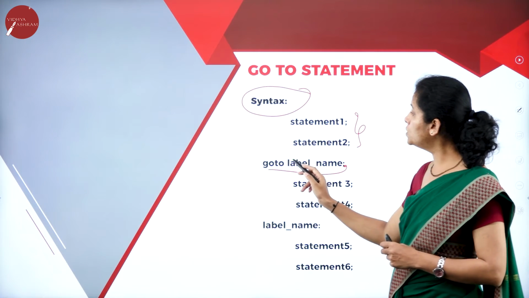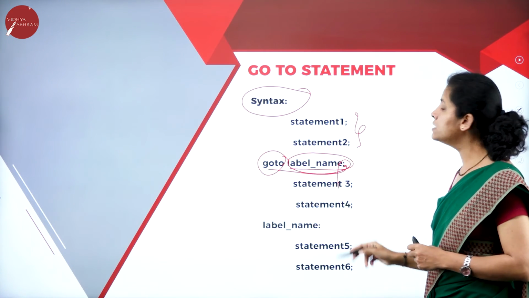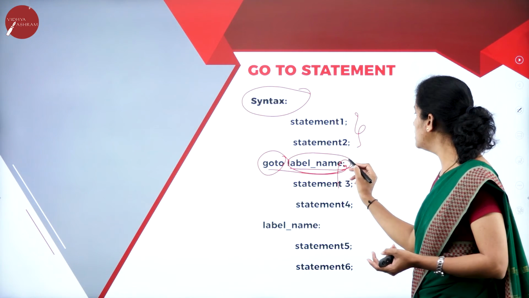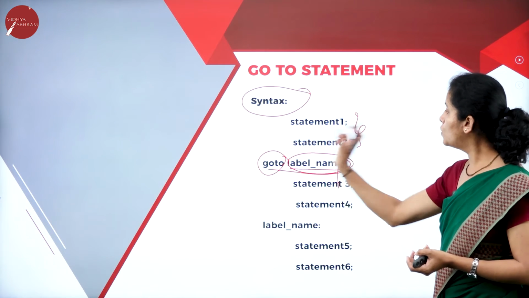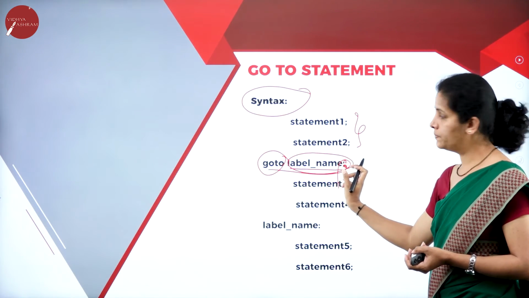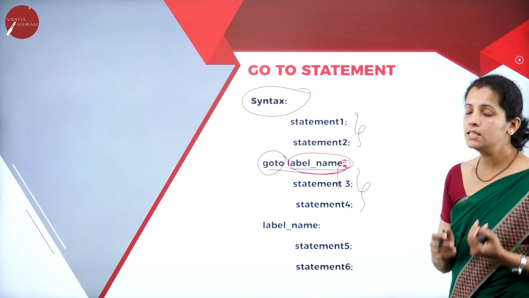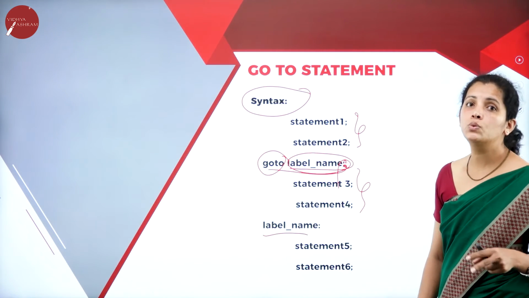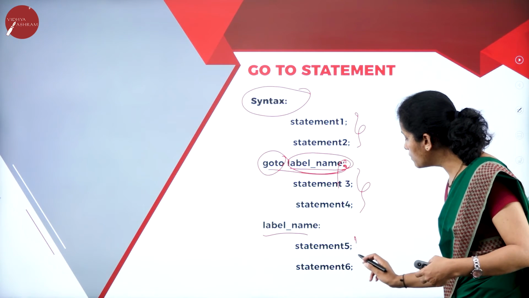Here goto is the keyword and I'm going to define a user defined label, then write the colon. Now after that I'm going to have certain statements. Then once again I'm going to write the user defined label with the colon.